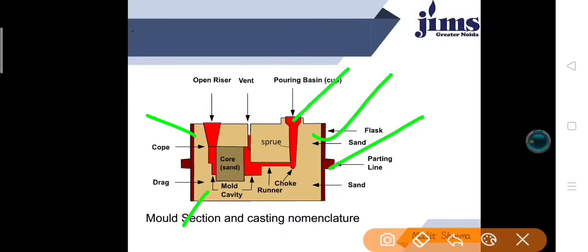It is a small funnel-shaped cavity at the top of the mold into which the molten metal is poured. And the next one is the runner. The runner is the channel through which the molten metal is carried from the sprue to the gate. Okay, and what is the core?